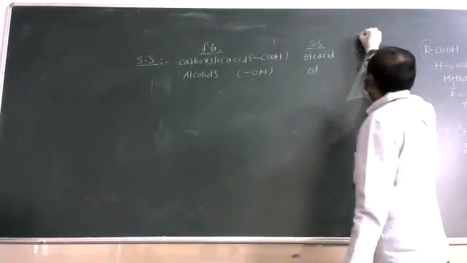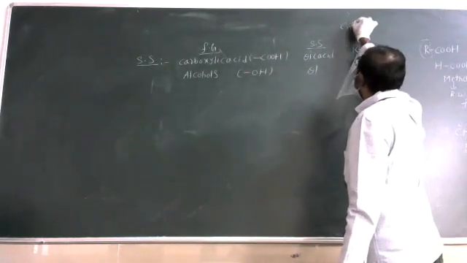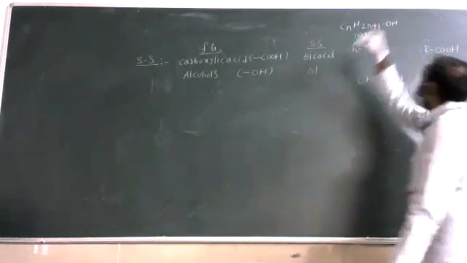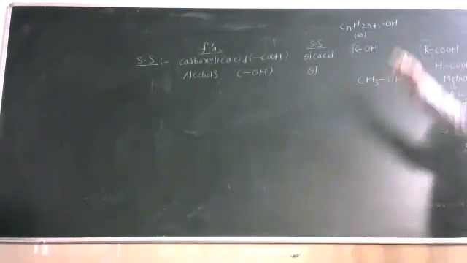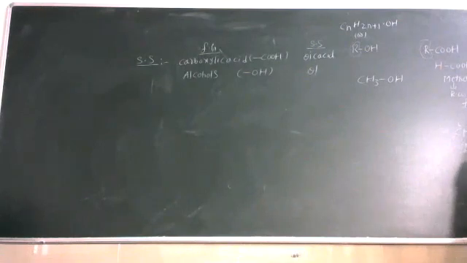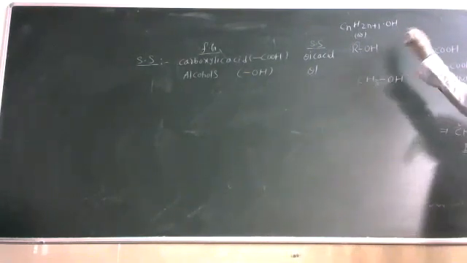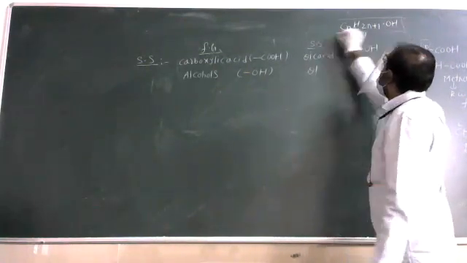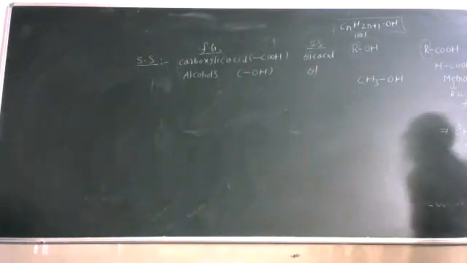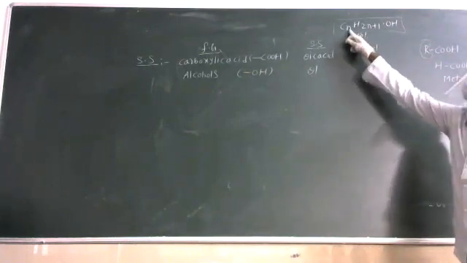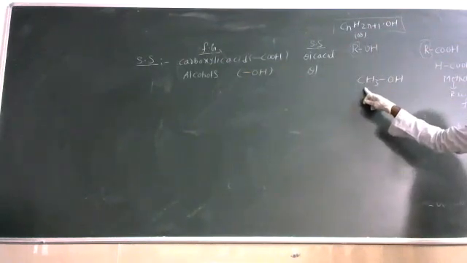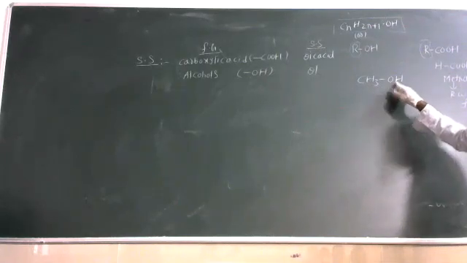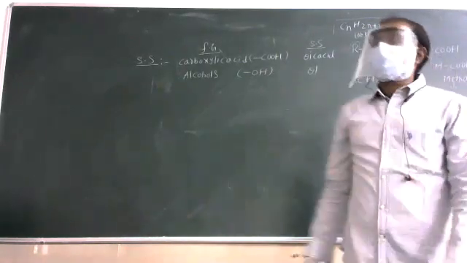The general formula of the alcohol series is CnH2n+1 into OH. Where n equals 1, CH3OH.